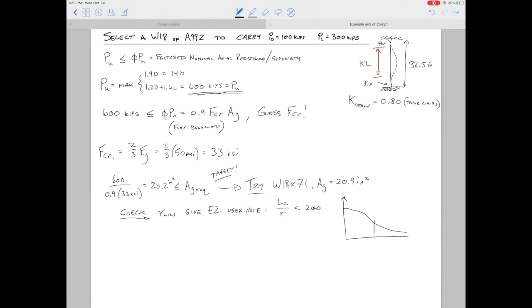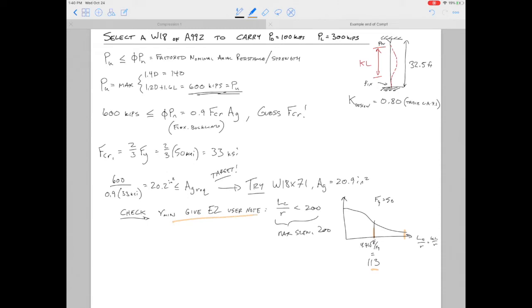For Fy equal to 50, our 4.71 square root E over Fy value is about 113. Remember that this axis is LC over R, which is KL over R, my slenderness ratio. So this is saying that the maximum slenderness ratio is 200. Well, look where that lies. That's almost double this value, so I'm way over here.